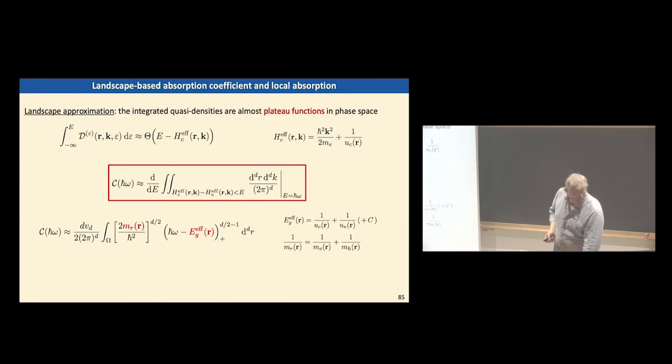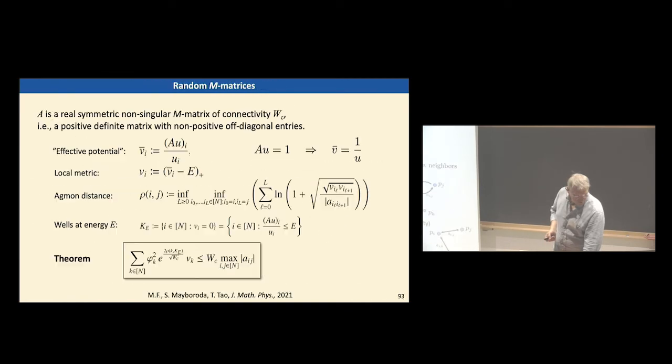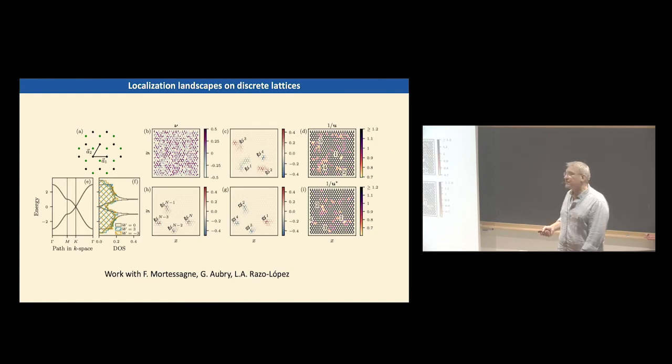So I will skip the semiconductor part. And I have to mention this, otherwise Fabrice will kill me: we are doing localization landscape with hexagonal lattices and all sorts of triangular lattices.